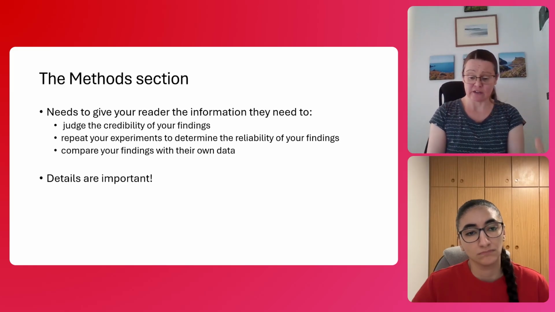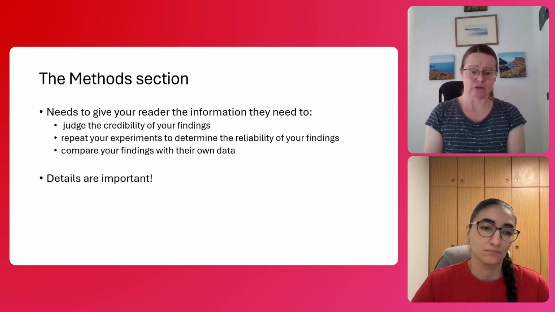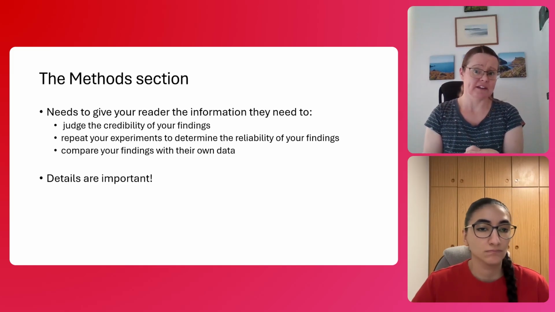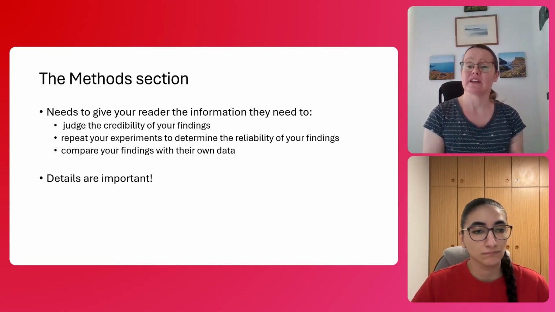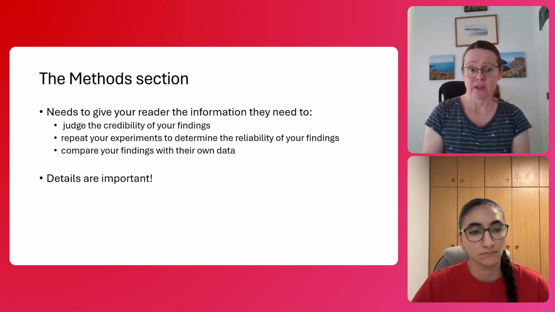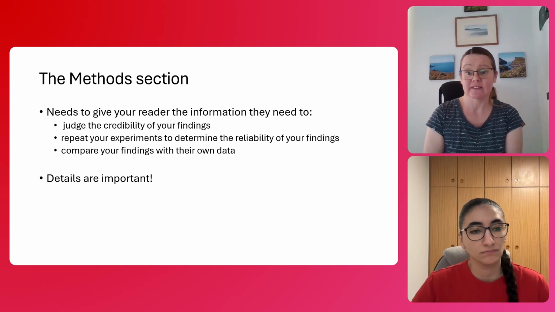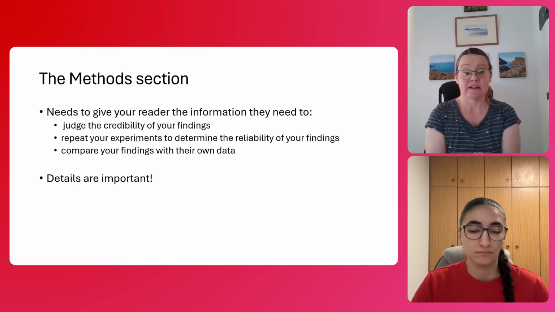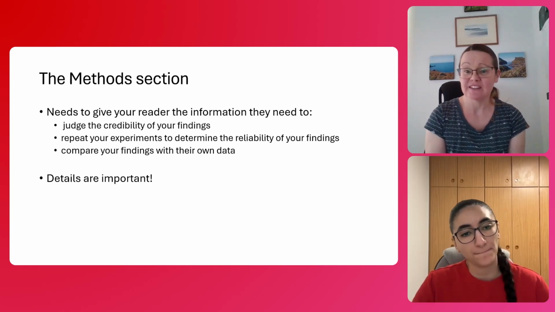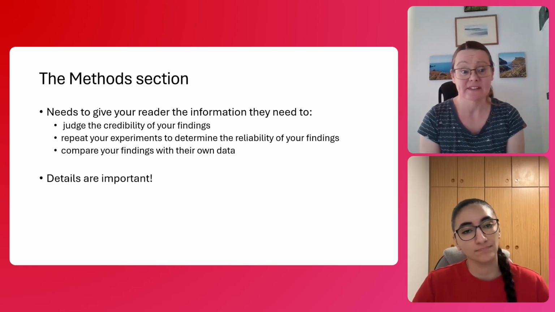They're going to see your data, and to be able to judge for themselves how credible those findings are, they need to understand how you gathered that data. At the same time, they might want to check the reliability of your findings by repeating your work. Can I get the same results if I do the same experiments? They need to know exactly what you did to be able to repeat the experiments.